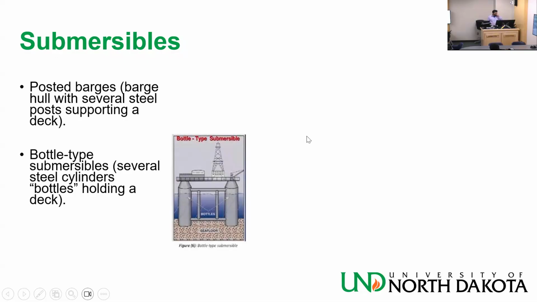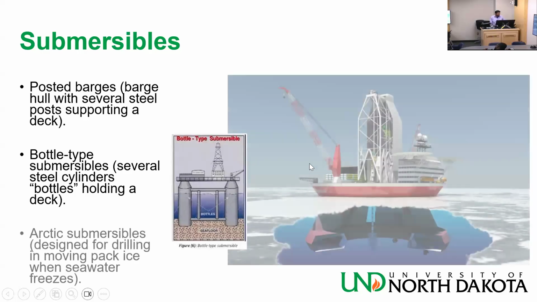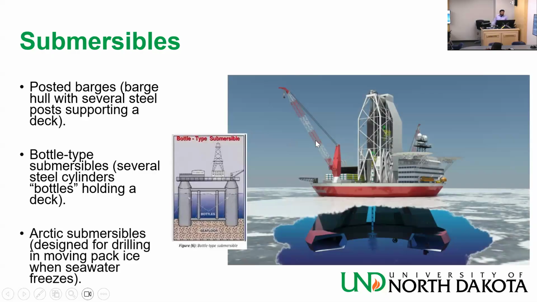Bottle type submersibles have several steel cylinders, we call them bottles, holding the deck. And in general, it's pretty stable if it touches the seafloor. Arctic submersibles, they are specially designed for drilling in moving ice when seawater freezes. These are specially made for the Arctic or for icy environments.